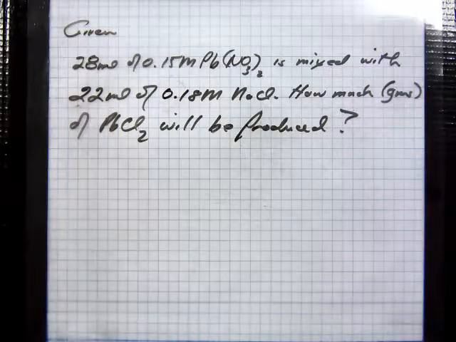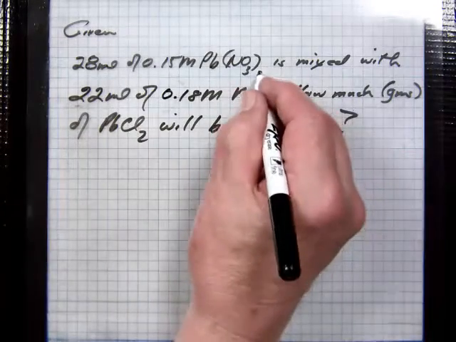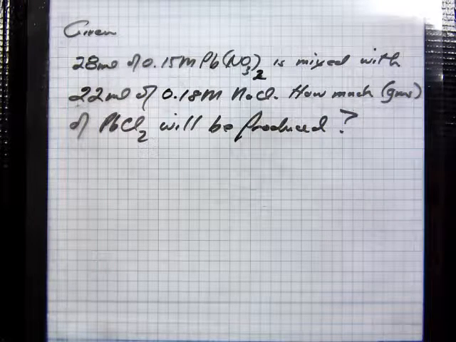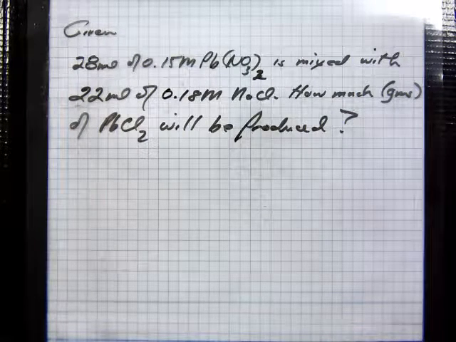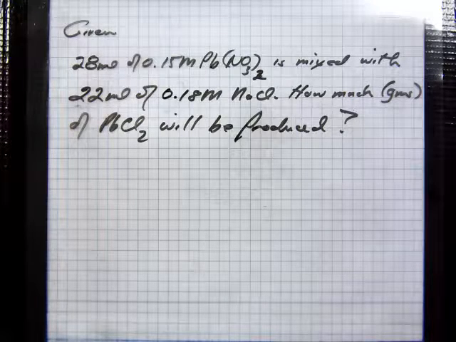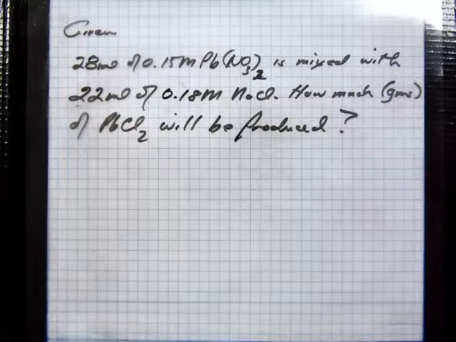"28 milliliters of 0.15 molar lead nitrate," that's a Pb(NO3)2, is mixed with 22 milliliters of 0.18 molar sodium chloride. How much lead chloride is produced in this reaction? It's a double replacement metathesis reaction.